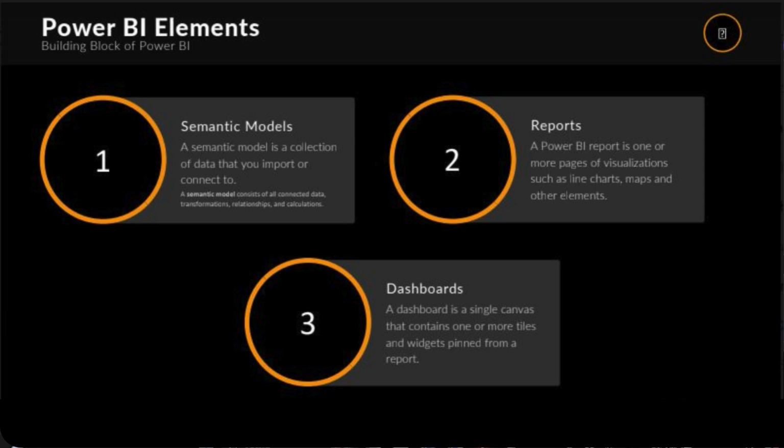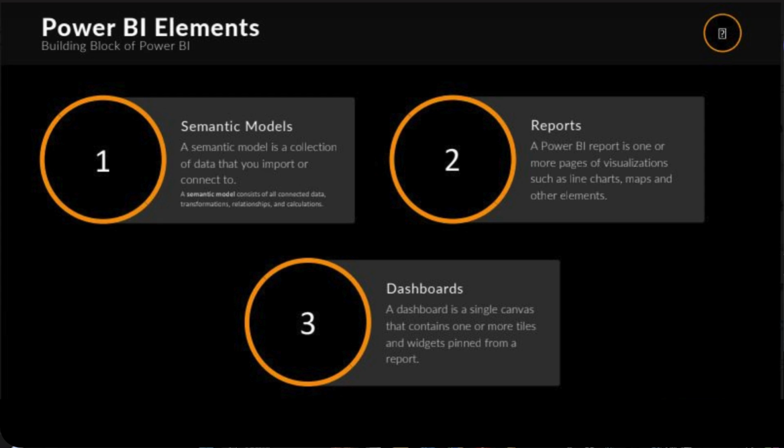So a semantic model, at the surface level, is just a collection of the data that you import into Power BI and connect to. This model would contain the data, the transformation process, the relationships, and the probable calculations that you carry out on your data.